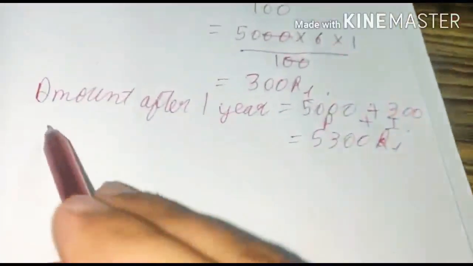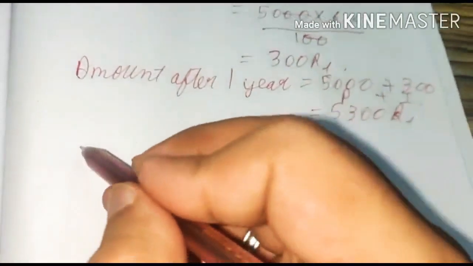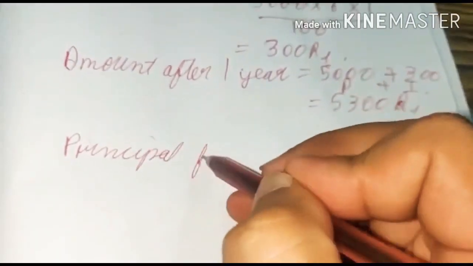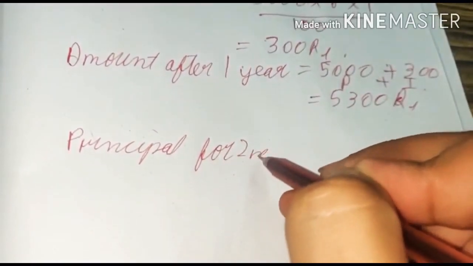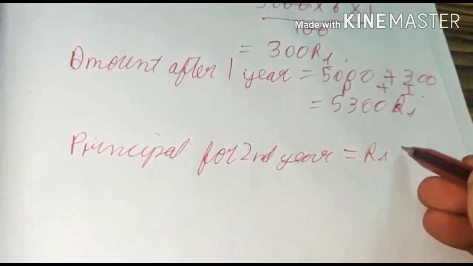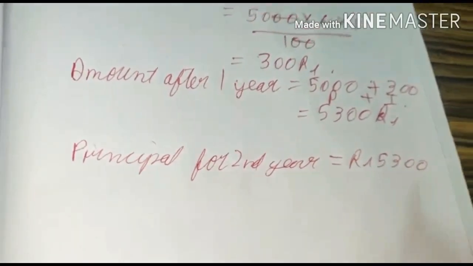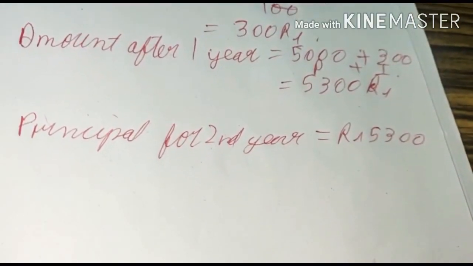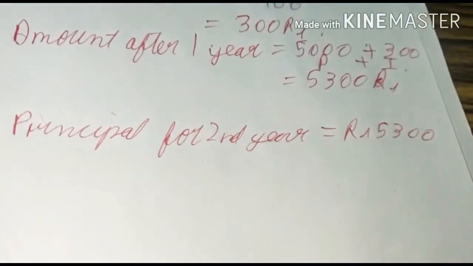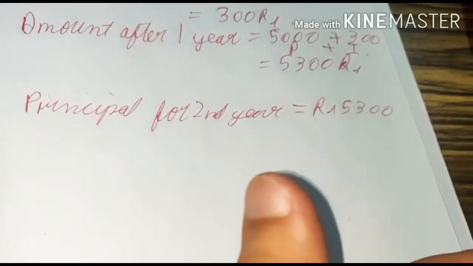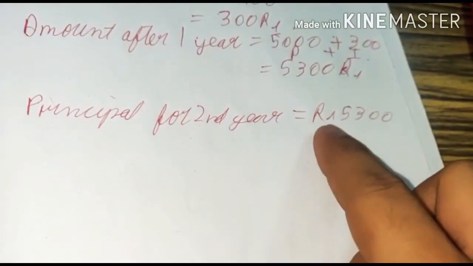So the amount after 1 year is the principal for second year. So principal for second year is rupees 5,300, means at the end of first year we need to pay 5,300 to the money lender, and that money is carried forward as whole amount for interest. So this is the whole amount that we had to return.